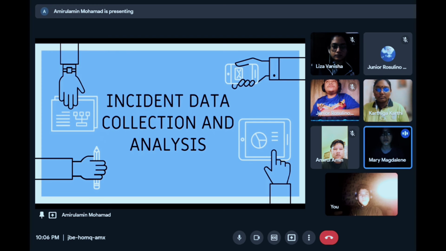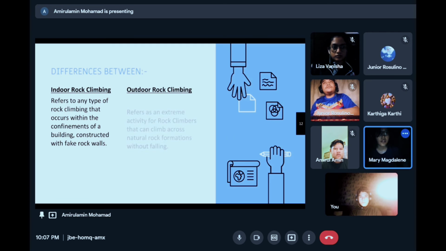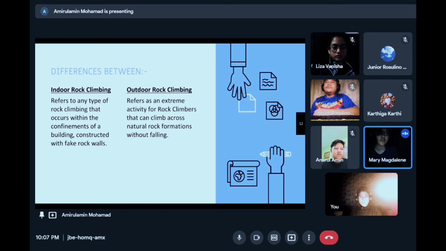Alright, so this is my part, which is the incident data collection and analysis. The difference between indoor rock climbing and outdoor rock climbing is that indoor rock climbing refers to any type of rock climbing that occurs within the confinements of a building constructed with usually fake rock walls.